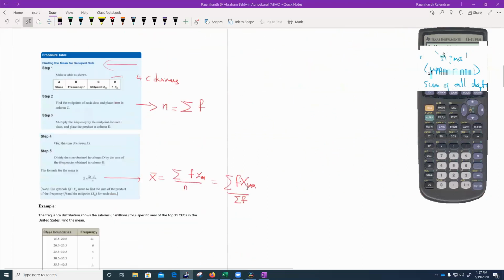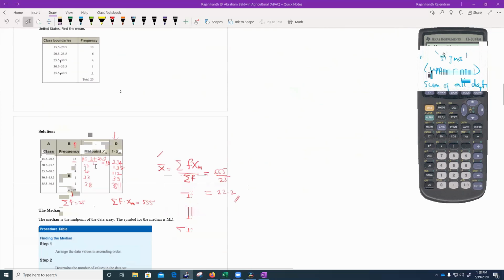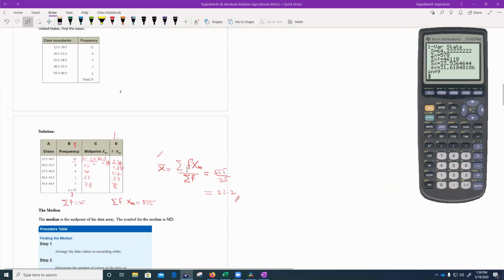Okay, now I'm going to show you this problem, the frequency table problem. Here, remember, the formula says that you need to find the frequency times midpoints, then you need to divide by the summation of f.